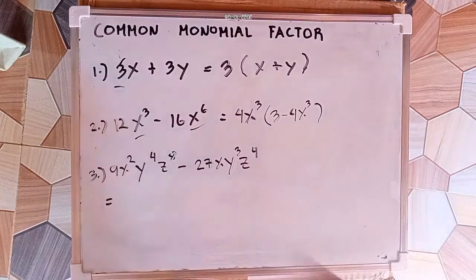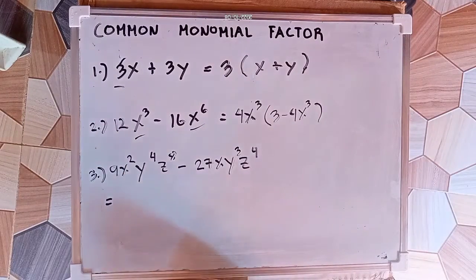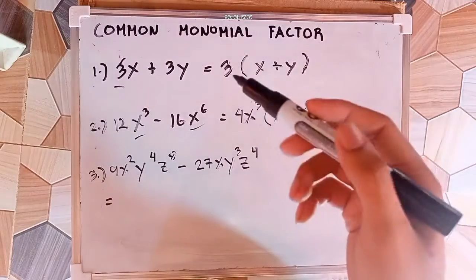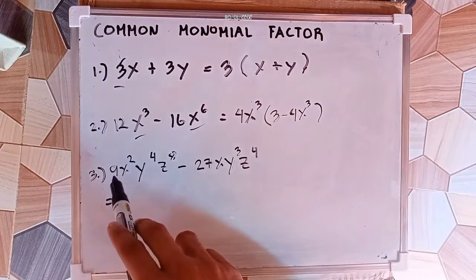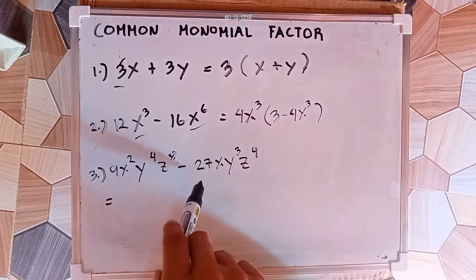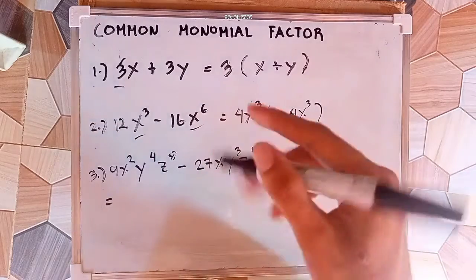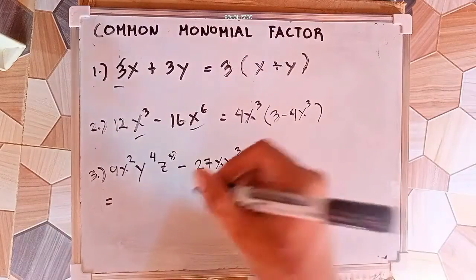Here, guys, what is the first step to do? Just get the GCF. In our coefficients 9 and 27, their GCF is simply 9.